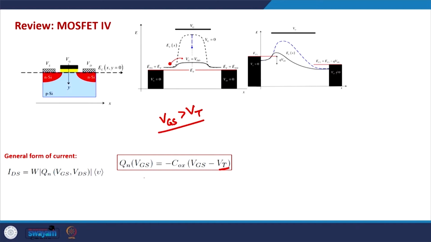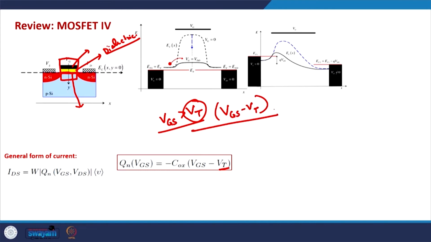Generally, this part of the device, the gate, oxide and channel part, can be treated like a capacitor, because there is a conducting gate plate, a conducting channel, and in between an insulator or dielectric. The voltage in excess of the threshold voltage, which means VGS minus VT, is the voltage which is actually creating charge in the channel.